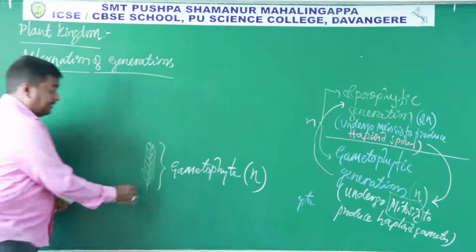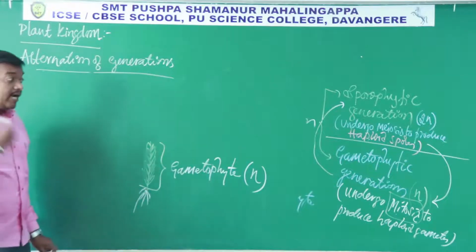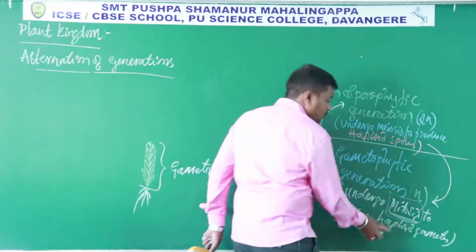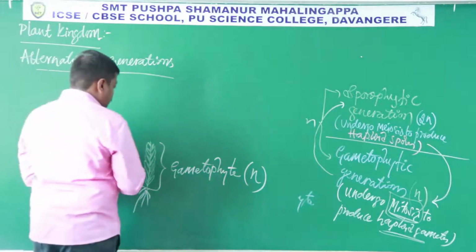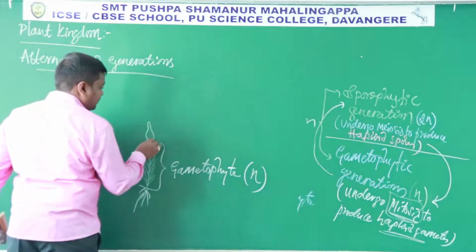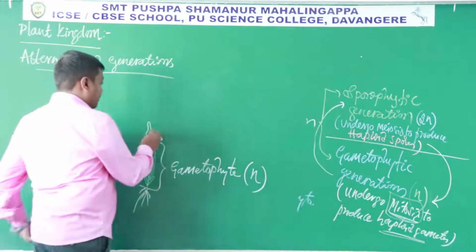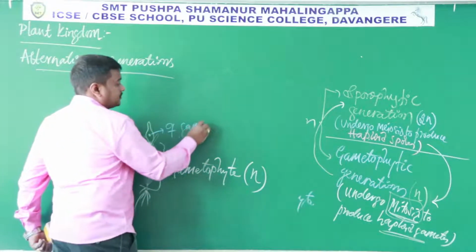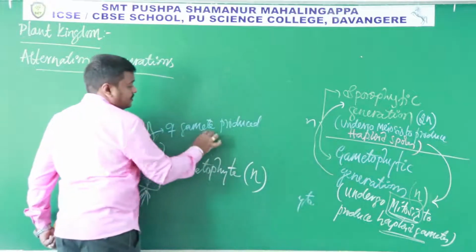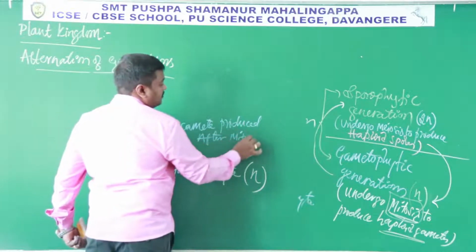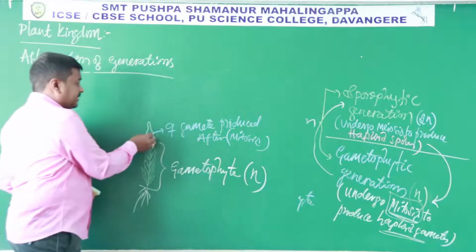Since it is a haploid gametophyte, it undergoes mitosis to produce haploid gametes. So inside this, after mitosis, it produces a female gamete. Remember, a female gamete is produced by mitosis.